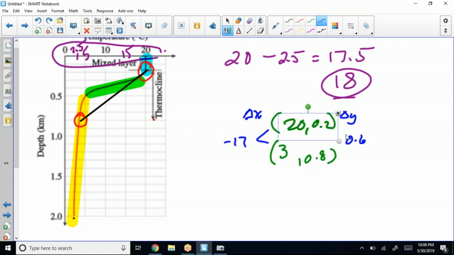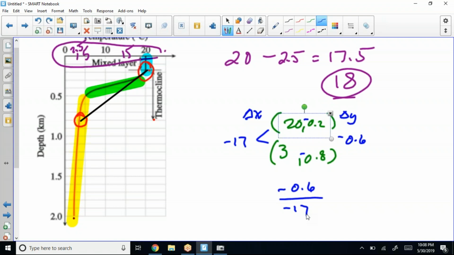But it would be a negative change. Do y'all see why it would be a negative change? Because this is really negative 0.2, and that would be a negative 0.8. Do y'all see that? Which would leave me 0.6 over that, and I don't have a calculator. Yeah, I do. Let me look in my bag real quick.